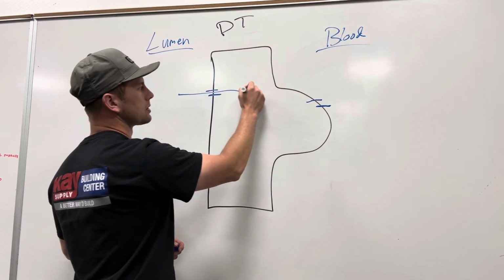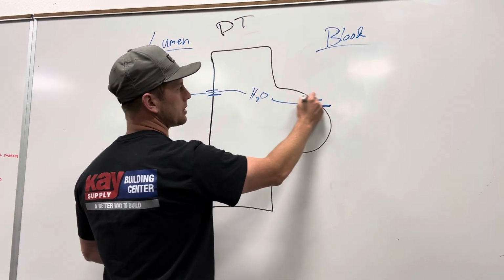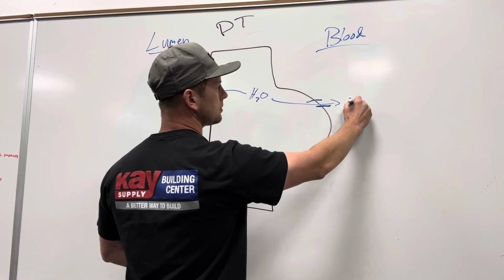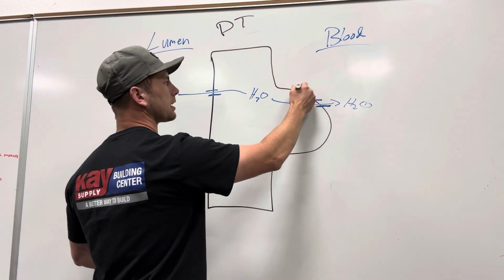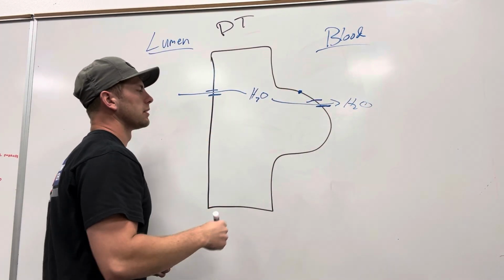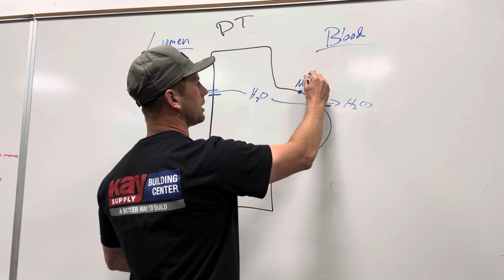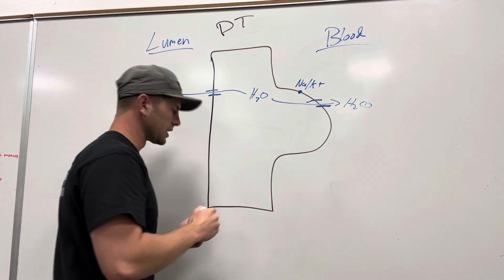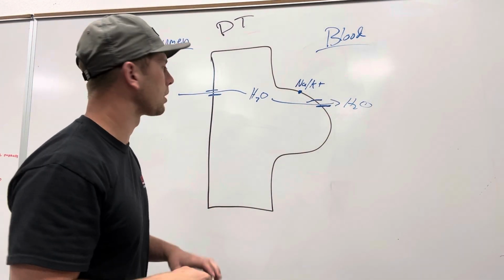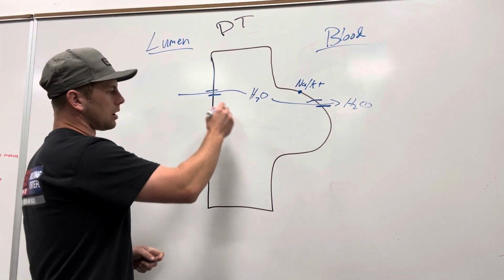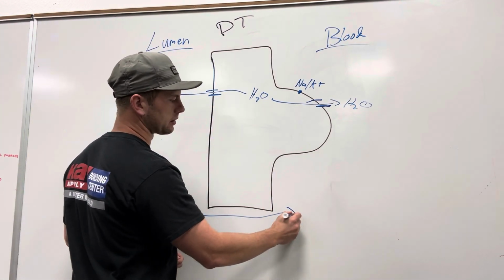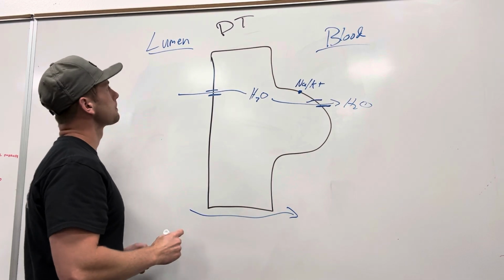H2O is going to come in and just come right back out. I failed to mention on the previous cell, but we also have our NAK pump. It's in every cell to create a gradient for water to follow. Water will also continue to go paracellularly, like we talked about previously.